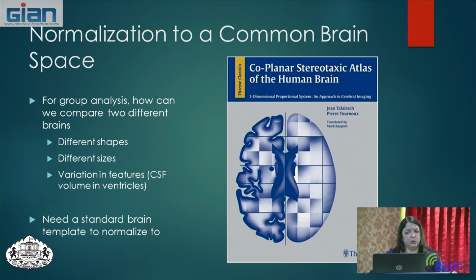So in order to be able to compare brains across groups, we have to normalize them to a standard brain template. And there's been a lot of efforts and work done in this area of trying to figure out what is the best way to normalize or warp everybody's brain into the same space in order to compare them.